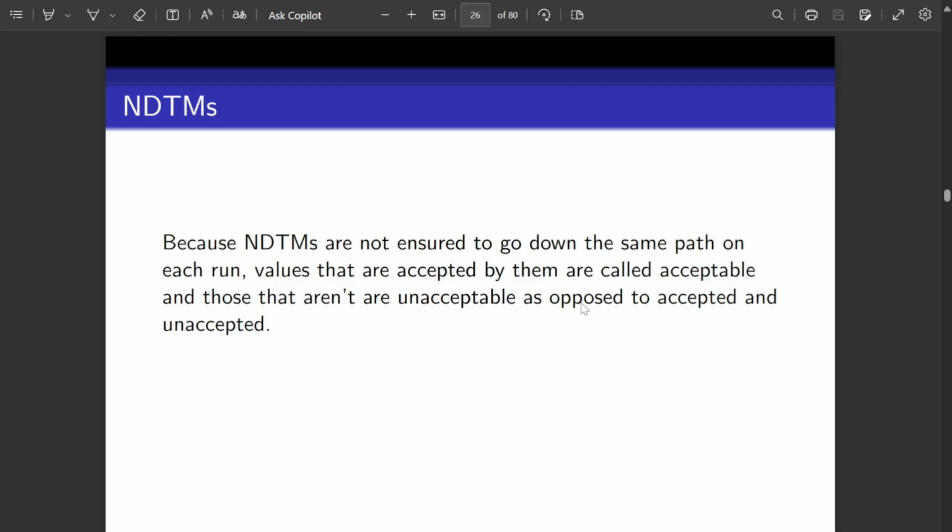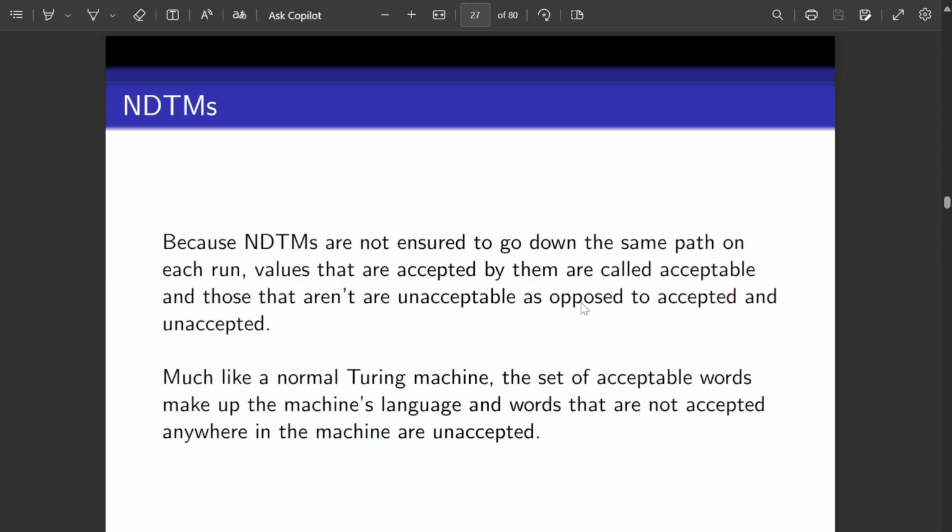And because of that, the values that are accepted by a non-deterministic Turing machine are called acceptable and unacceptable, as opposed to accepted and unaccepted. But much like a normal Turing machine, the words that are acceptable to a non-deterministic Turing machine make up its language.